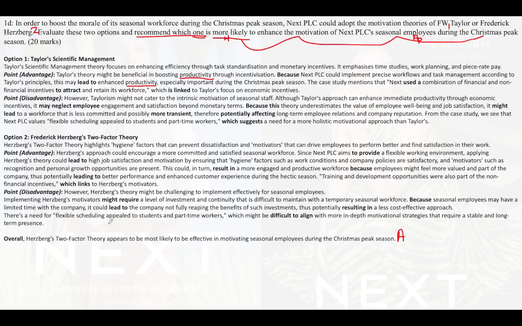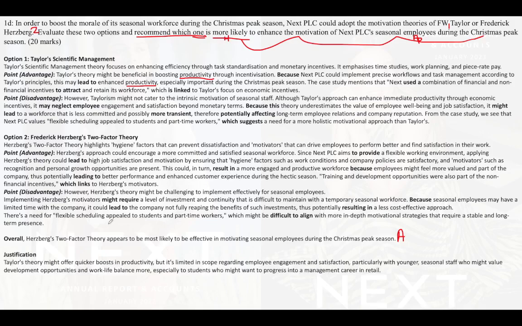We then need to justify by bad-mouthing the other option in some ways. Taylor's theory might offer quicker boosts in productivity, but it's limited in scope regarding employee engagement and satisfaction, particularly with younger seasonal staff, context, who might value development opportunities and work-life balance more.